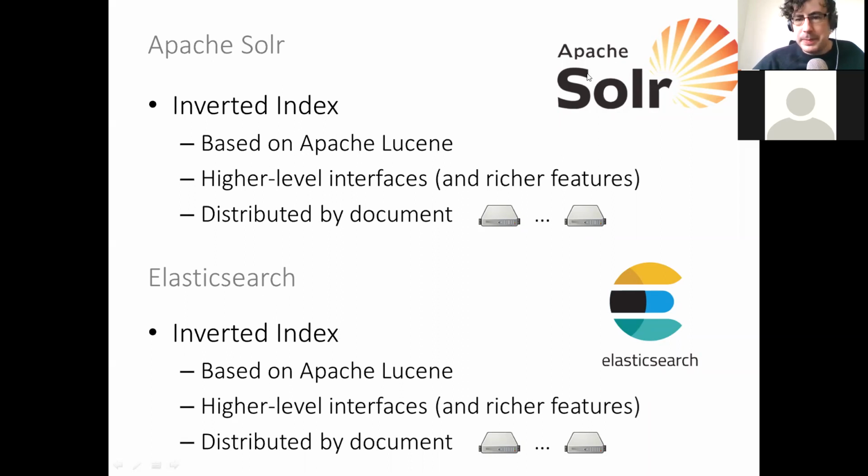Apache Solr is open source, open community, and so forth. Elasticsearch came along later, and it began life as a distributed index. Its main focus was to enable scalability across multiple machines. It also offers higher level interfaces based on JSON type requests, so you don't necessarily need to configure your index programmatically. You can use an API for that.